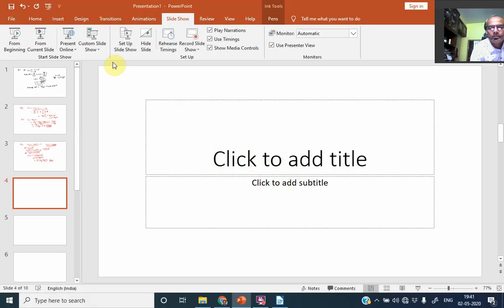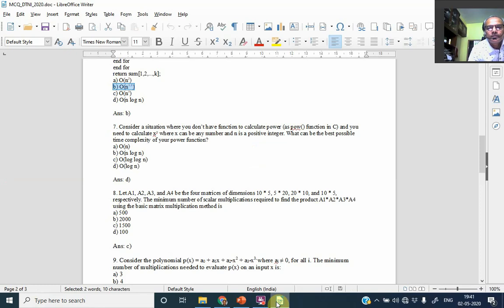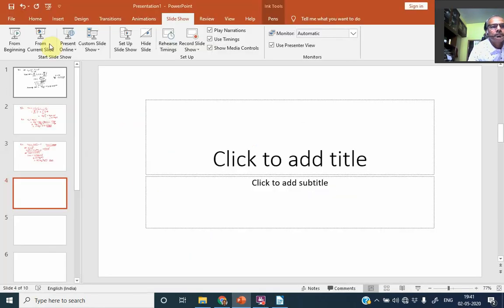What is the question? X power n, right? How do you calculate this without using the power function? What is the best known upper bound?